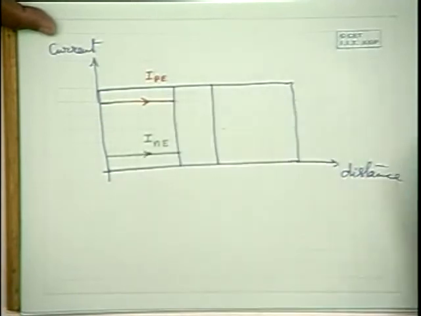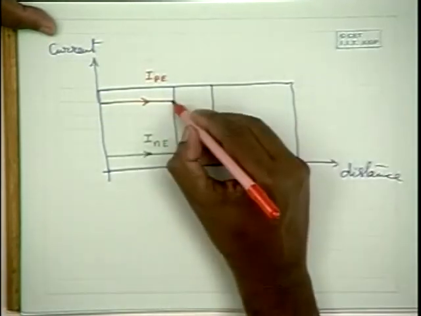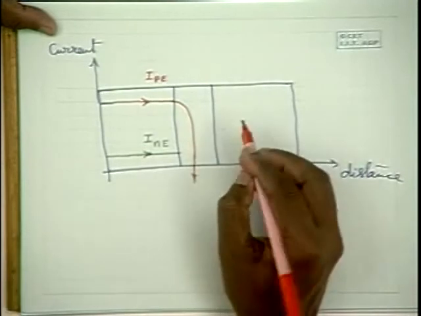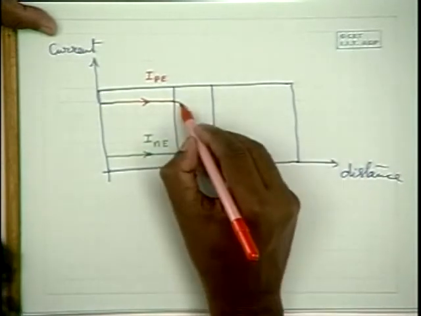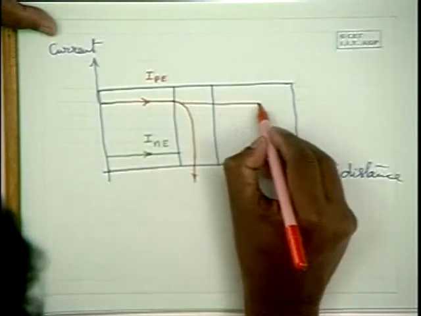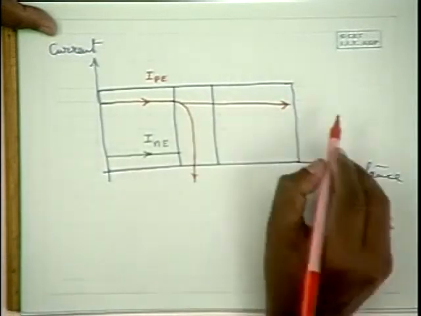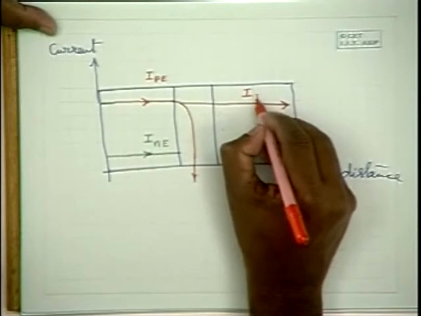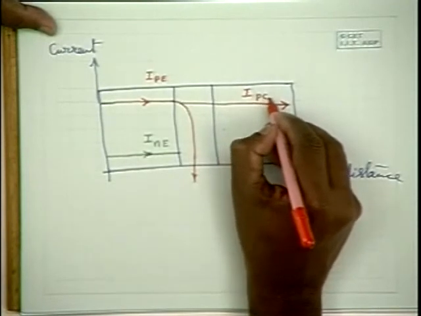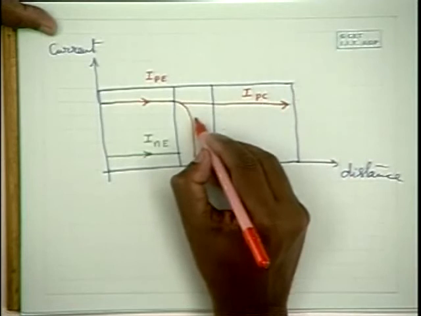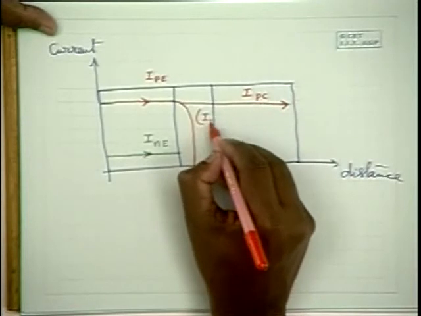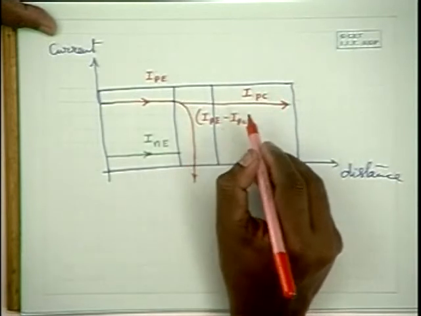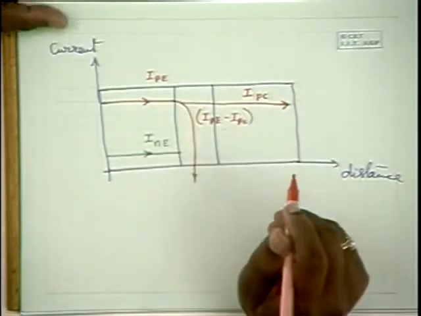Now part of this goes out as base current, and most of it passes into this region as the collector current. So if I indicate this as IPC, this part is naturally IPE minus IPC.